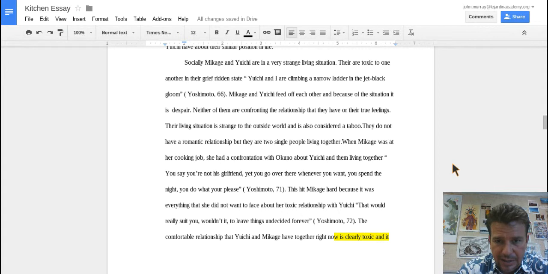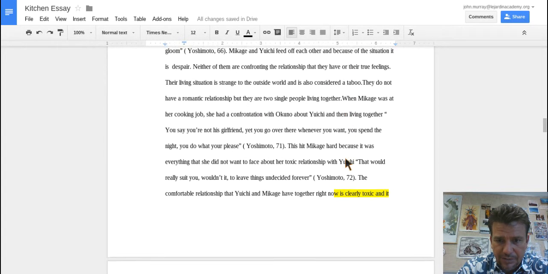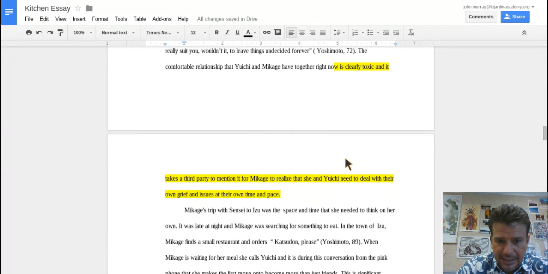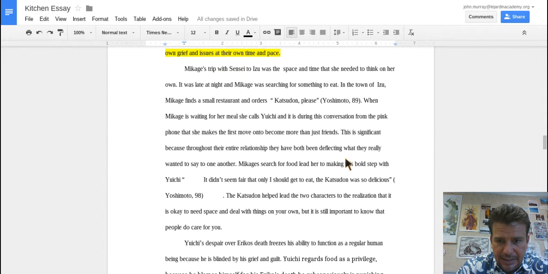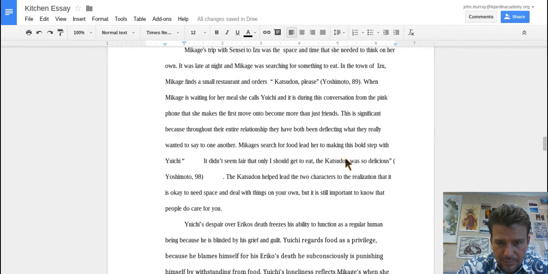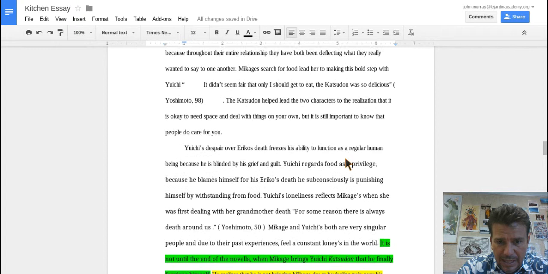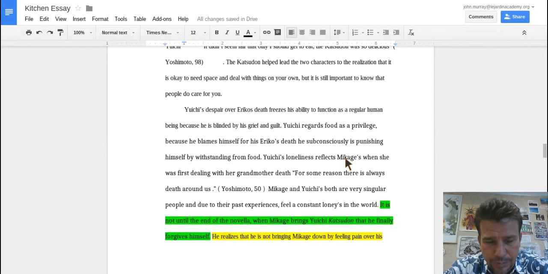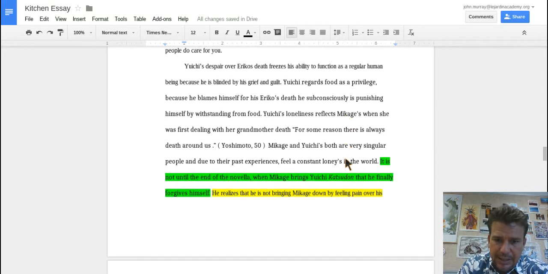I don't think that they're toxic to one another here. I think this is a bit of a misrepresentation of their toxicity. And the Katsudon certainly does help them recover, and that does seem to be the thread, as you say, that brings them back together.